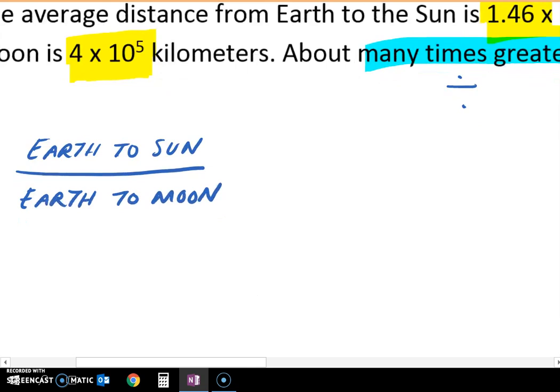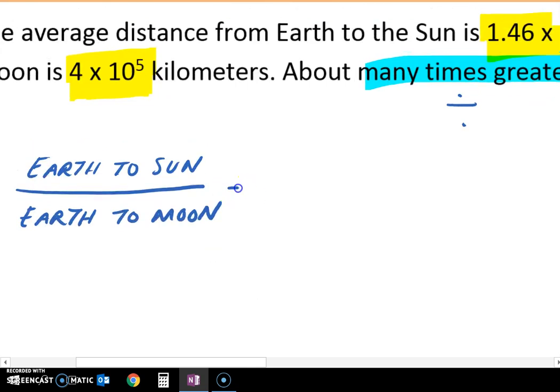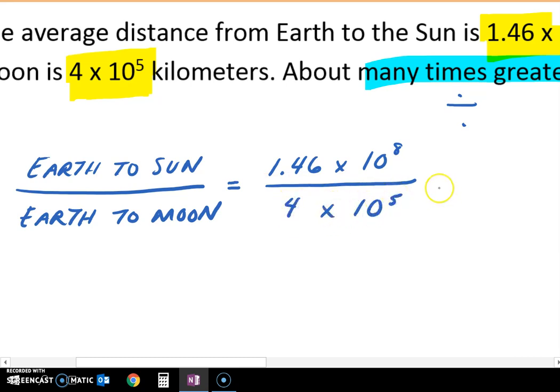So once I have that worked out, all I need to do is to plug in my scientific notation. So I had 1.46 times 10 to the 8th power. And this is divided by 4 times 10 to the 5th power.